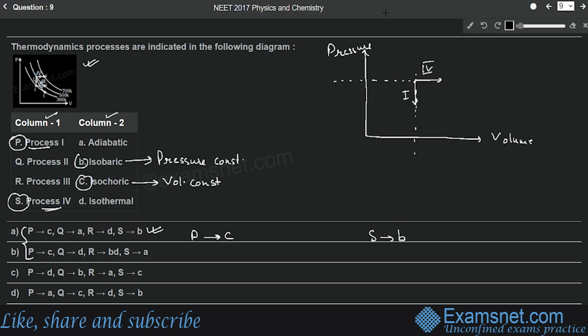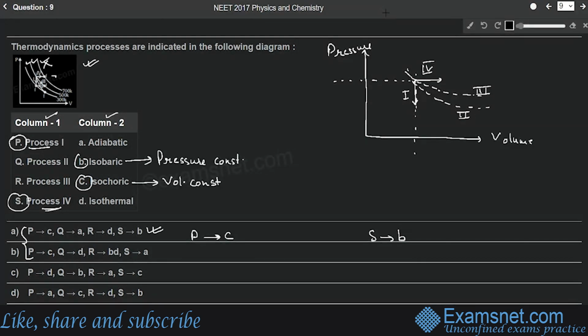So here three curves are shown here, so don't confuse. We'll ignore the upper one, uppermost, because it is not of our importance. So we'll draw only two graphs here, graph number 2 and graph number 3. Okay, the lower one is graph number 2 and the upper one is graph number 3. Okay, so out of these two, which one will be adiabatic and which one will be isothermal? We know that the one having more slope will be the adiabatic.